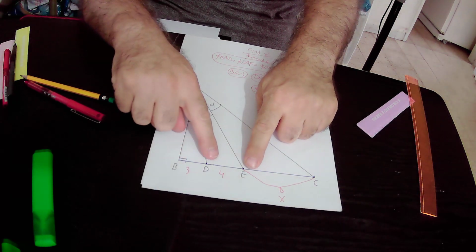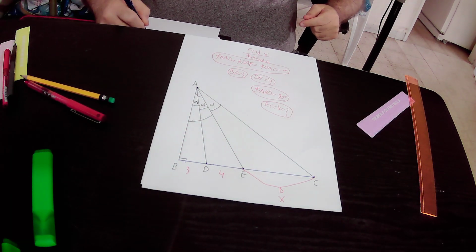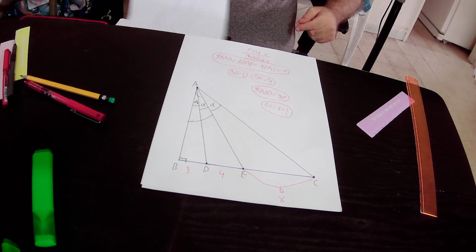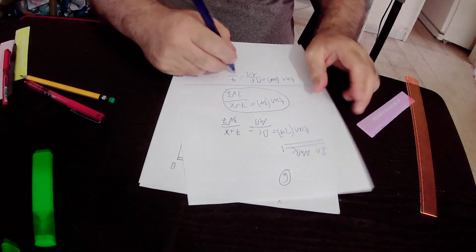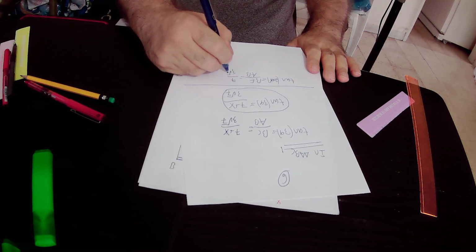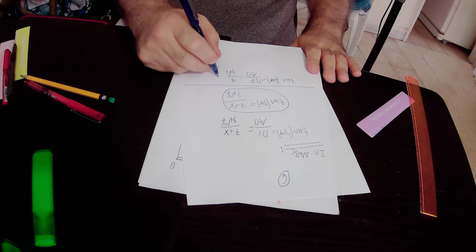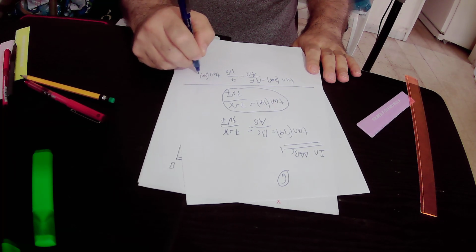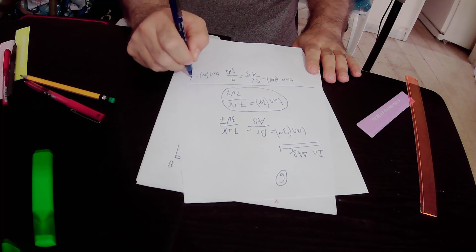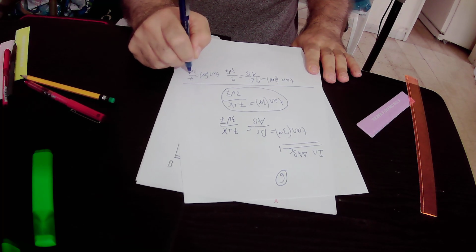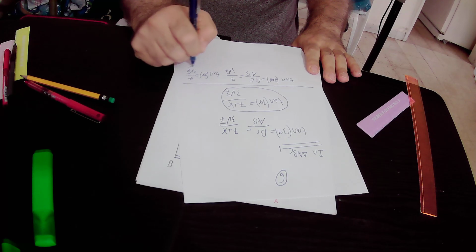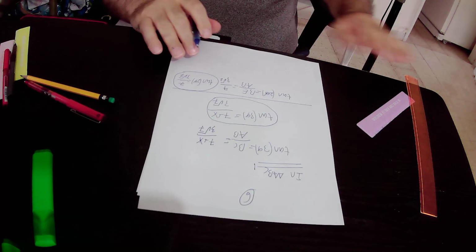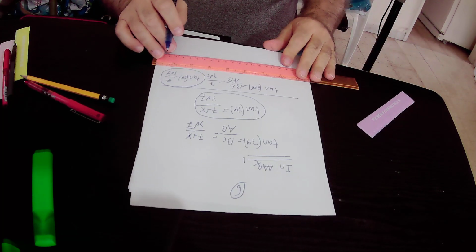BE equals 3 plus 4, that is to say, BE equals 7 units, and AB equals 3 times root 7. So in total we got that tangent 2 alpha equals 7 over 3 times root 7.